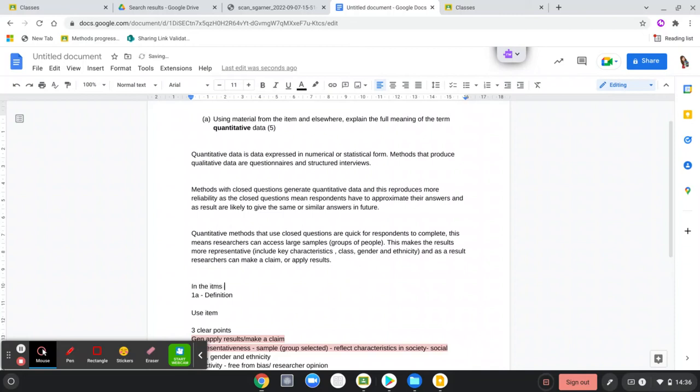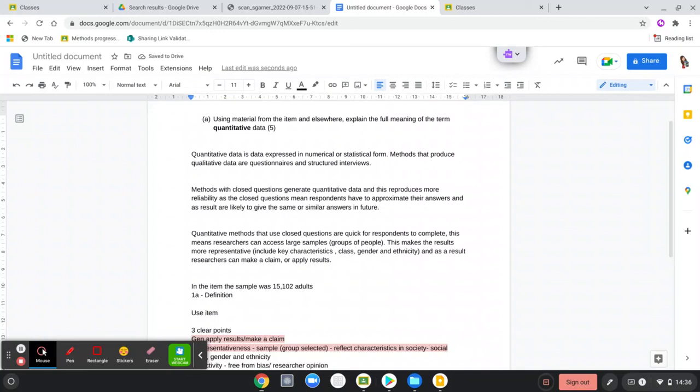In the item, so I'm going to do the item mark now. I have to clearly say to the examiner, this is the mark I'm going for, right? In the item, we can see the sample was 15,102 adults. That's just been lifted from the item.